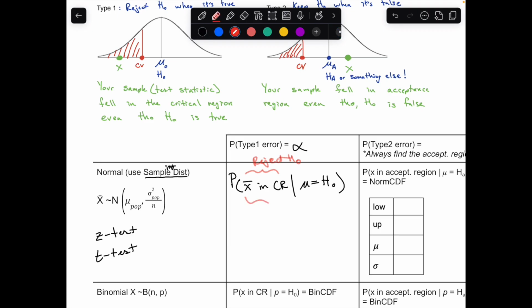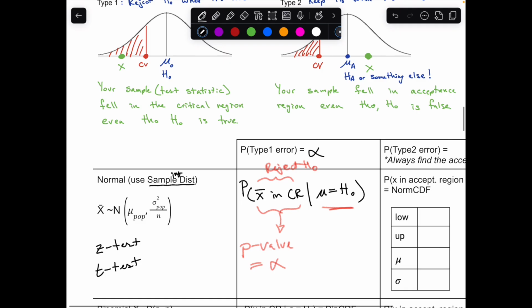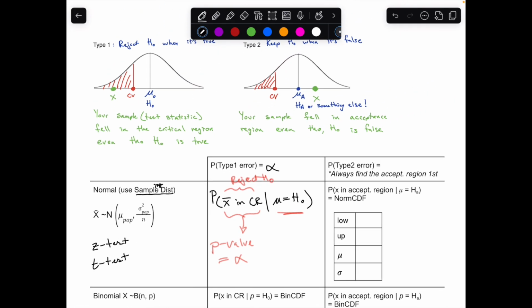Under this condition, the probability of your sample falling in the critical region is your alpha, your level of significance, which might be 10%, 5%, 1%, 0.1%, any of those. And so that should be the easiest question for you to answer.